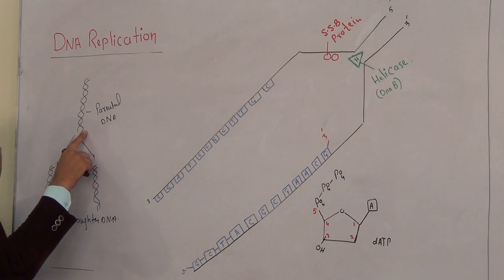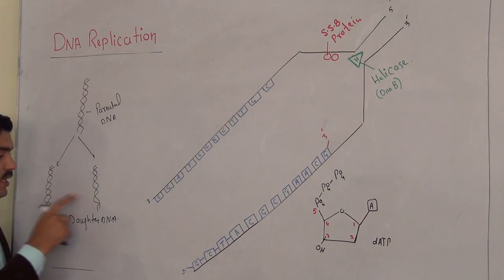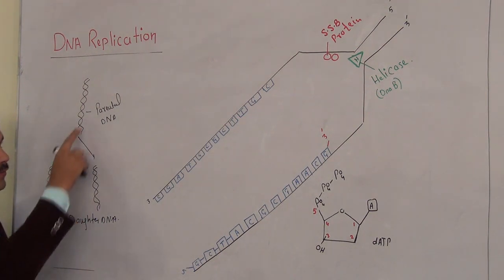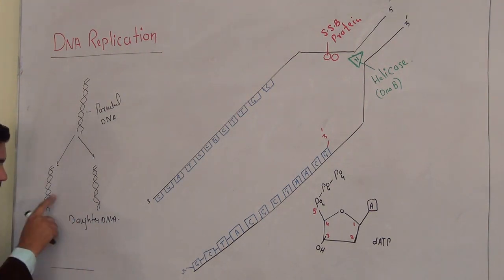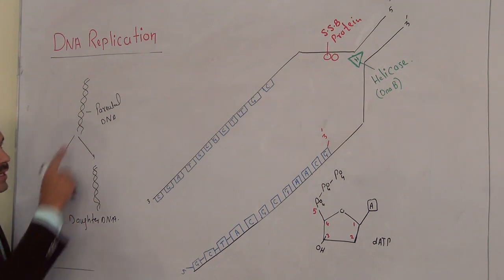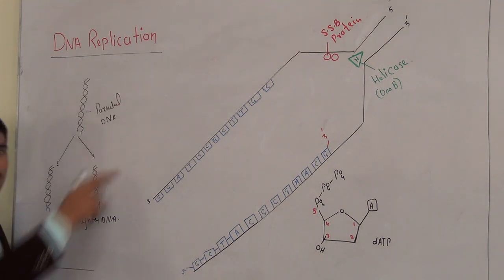The first DNA molecule which was originally present is called the parental DNA, and the two DNA molecules which are formed from it are called daughter DNA molecules. Once these two molecules are formed, there will be no parental DNA because it will be utilized.